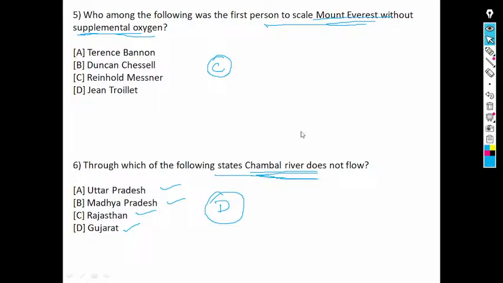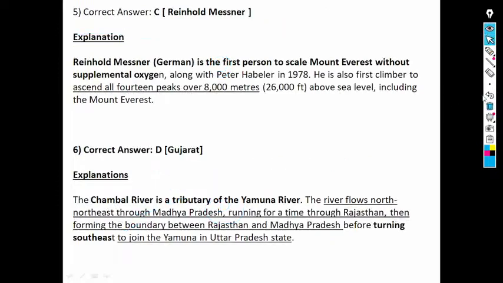We will discuss now. Reynold Messner, German, he is the first person to scale Mount Everest without supplemental oxygen, along with Peter Habler, in 1978.